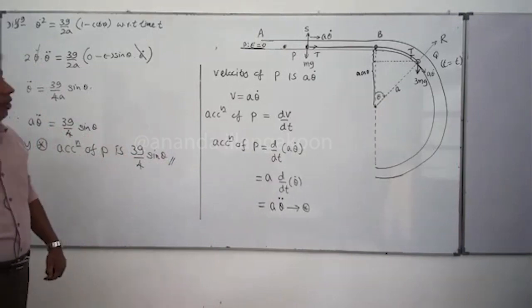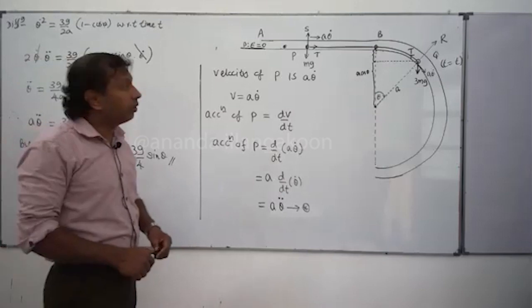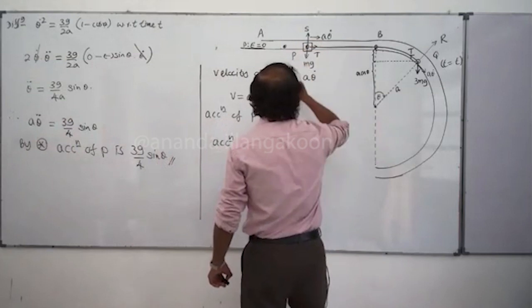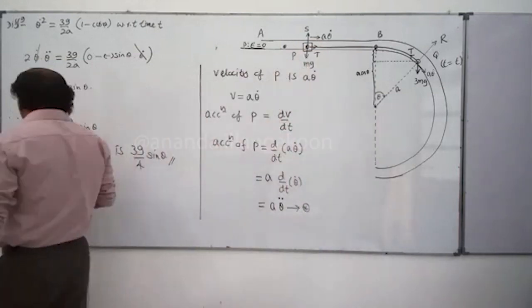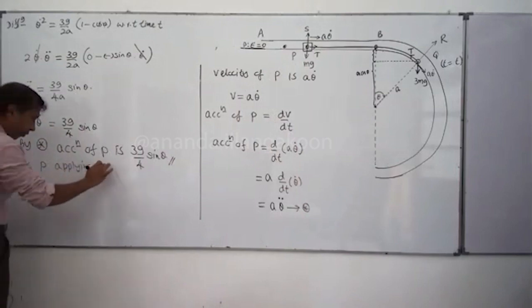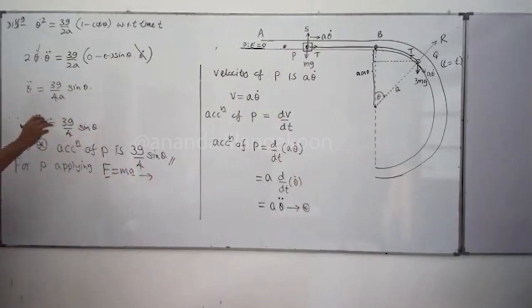Right. Now we are asked for the tension in the spring. The tension in the spring can easily be found, people. For this particle P, we apply F equals ma. The tension is T. If the mass of the particle P is m, the acceleration we just found is a theta double dot, 3g by 4 sine theta.